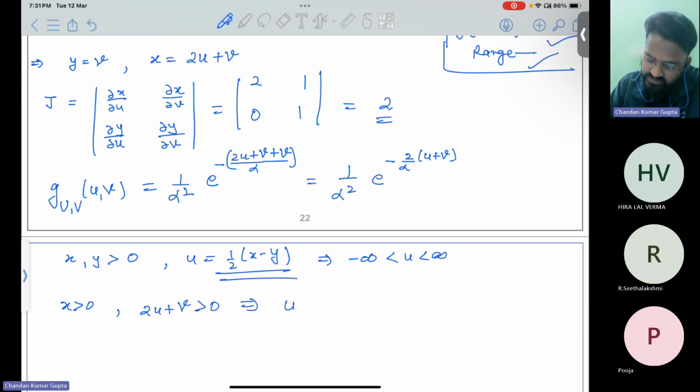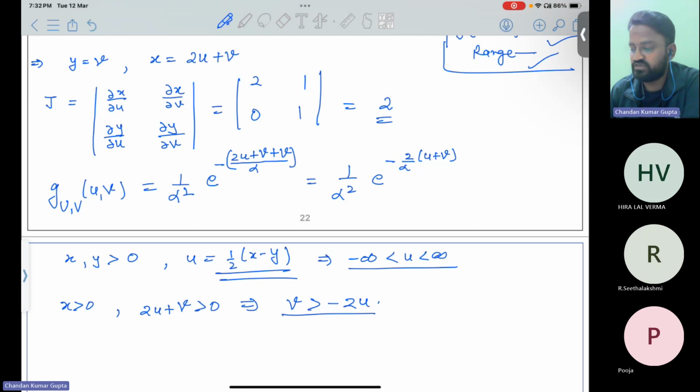This implies, sorry, not u, it's v, v is greater than minus of 2u. We have u equal to this, v equal to this, so we have these two conditions.